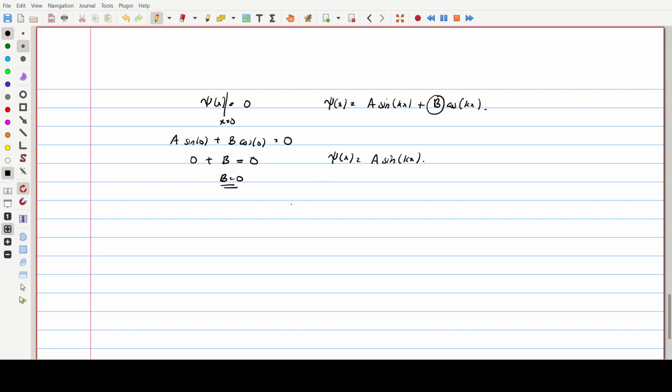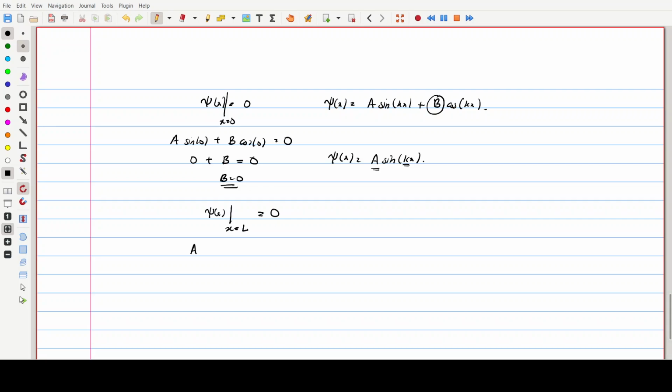Now we can use the second boundary condition. By using the second boundary condition, it is possible to find the possible values of k. We can determine A later by using the normalization condition. Before going to that, we can discuss the second boundary condition, which is psi of x at x equal to L is 0.